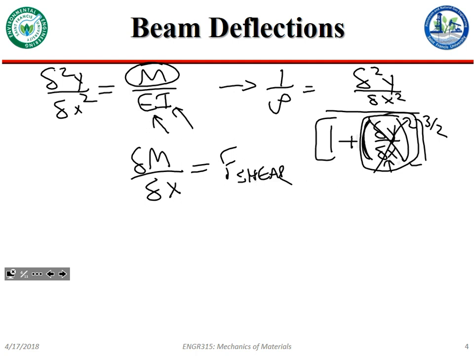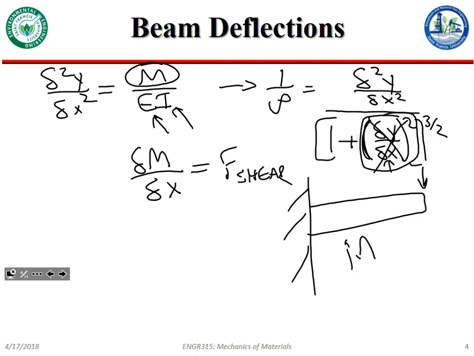Or alternatively, I know that I can come up with an expression for that. For example, if I have my cantilever beam, and there's a force down on the end, you could probably infer that the bending moment for any point in this beam would be something like that, right? Well, probably a negative sign.